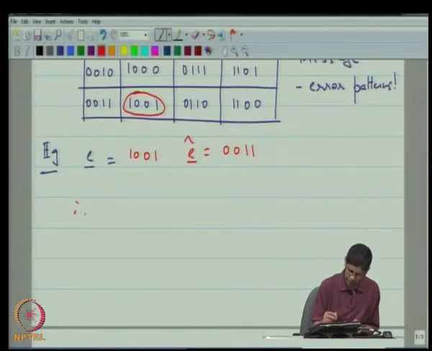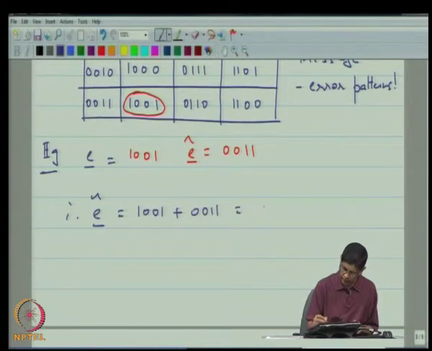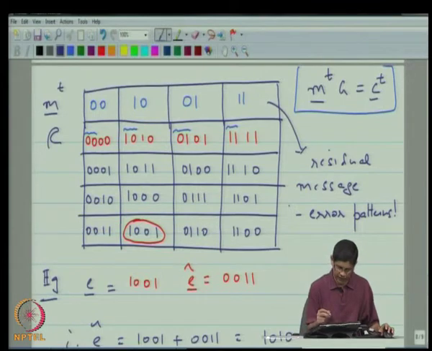Therefore, E tilde would be 1 0 0 1 plus 0 0 1 1, which would be 1 0 1 0. And you will find that pattern over here. This is, as discussed earlier, your residual error vector.